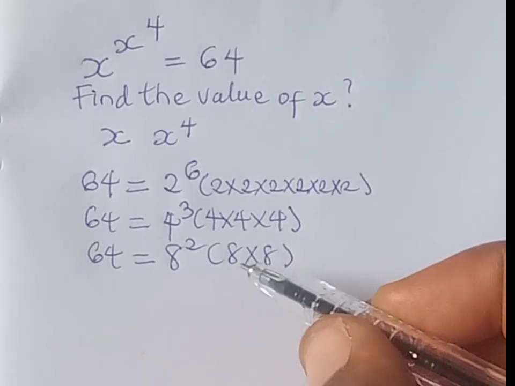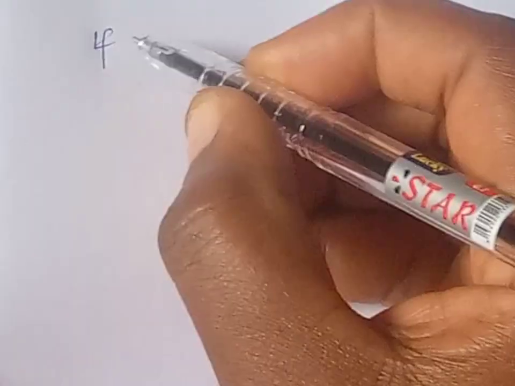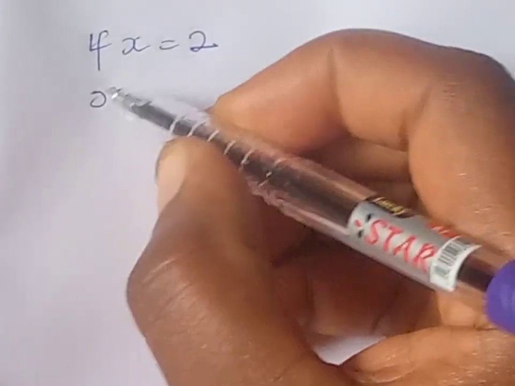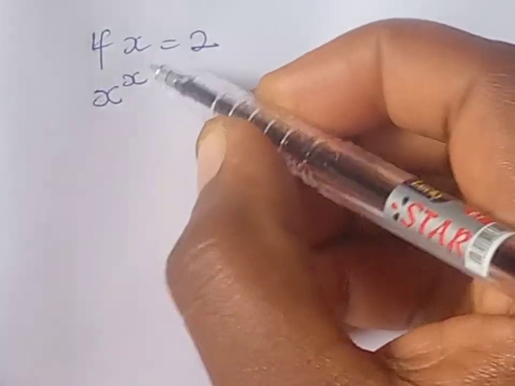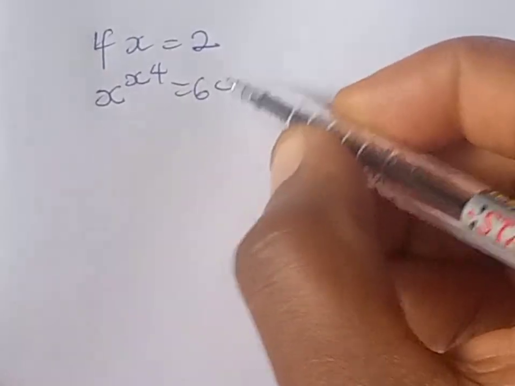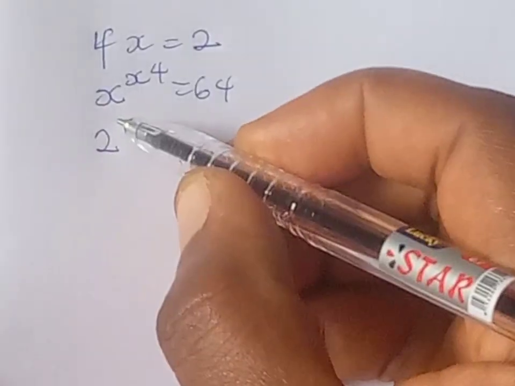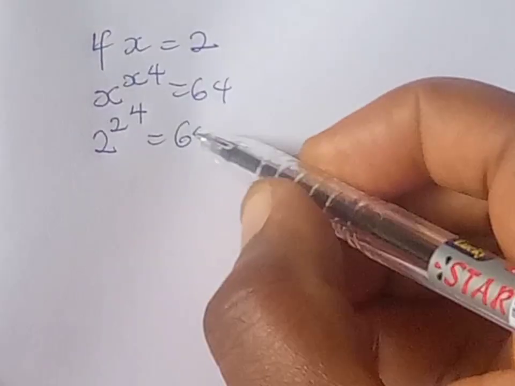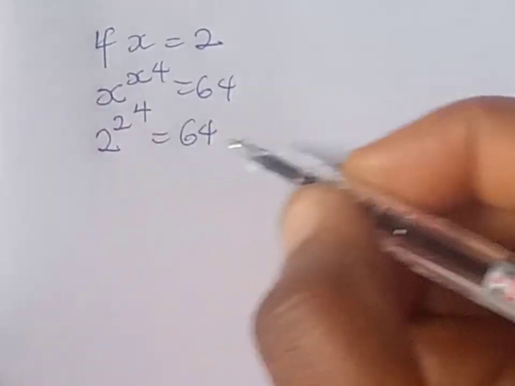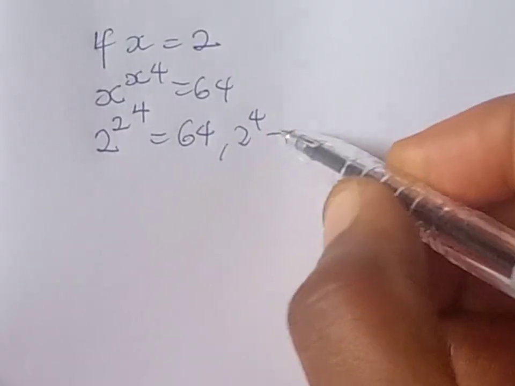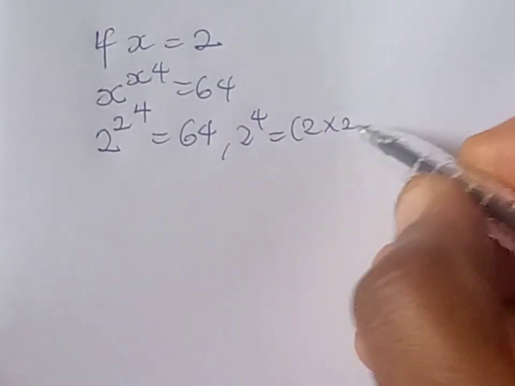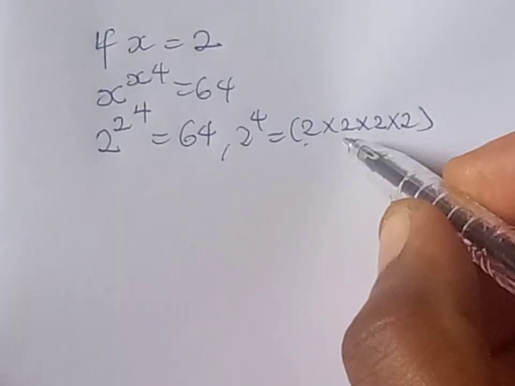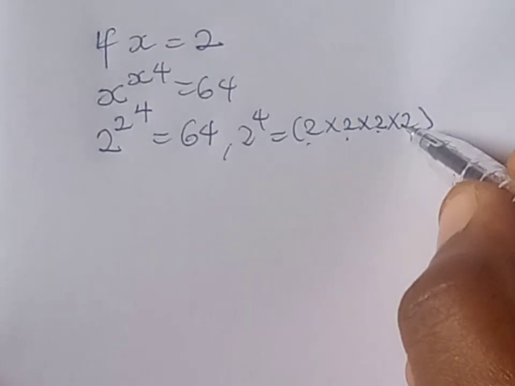Let's test x equals 2. If x equals 2, then x raised to the power of x to the power of 4 will be 2 raised to the power of 2 to the power of 4. 2 raised to the power of 4 is 2 times 2 times 2 times 2. 2 times 2, 4. 4 times 2, 8. 8 times 2, 16.